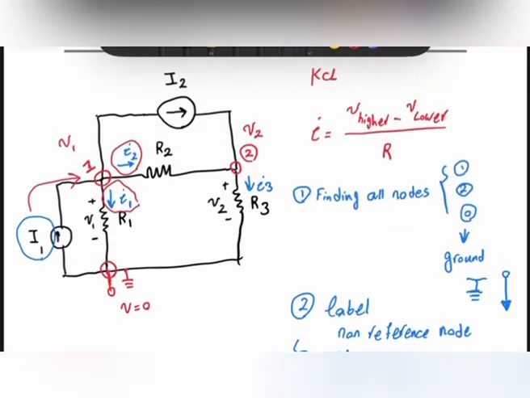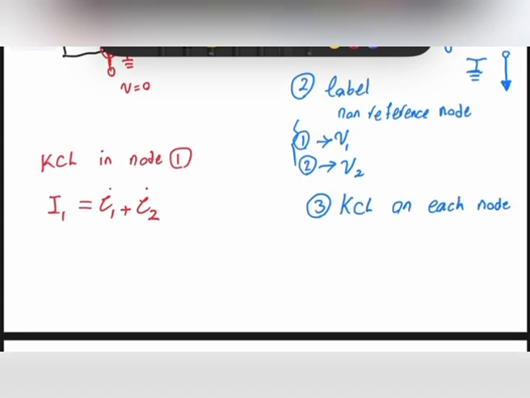What else? I have this one, the big I2. So the big I2 is also leaving. Therefore, this is equal to I1 plus I2 plus I2.